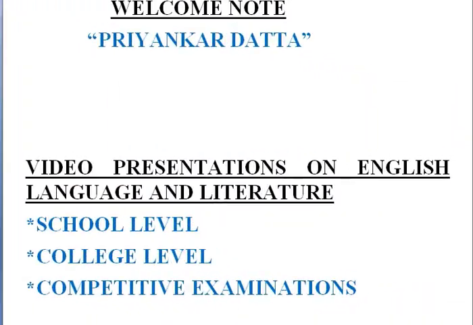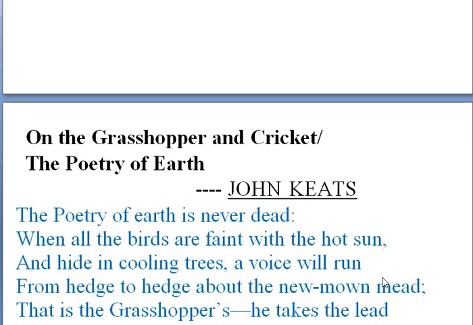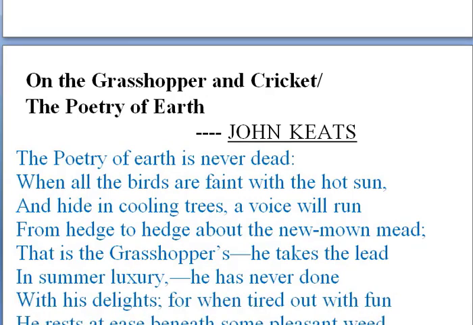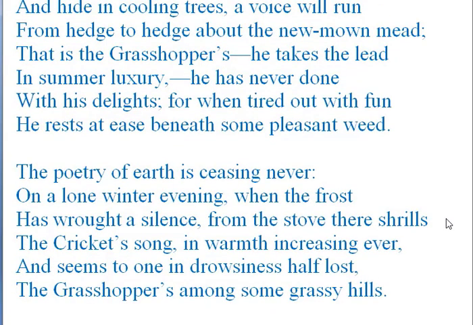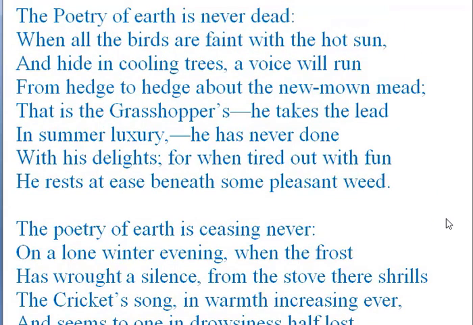Now, without wasting a moment, let us move to the most important aspect of this video presentation, that is, the text of the poem entitled On the Grasshopper and Cricket, or, as some people also call it, the Poetry of Earth. If you casually look at the poem, you will find that it is divided into two stanzas.